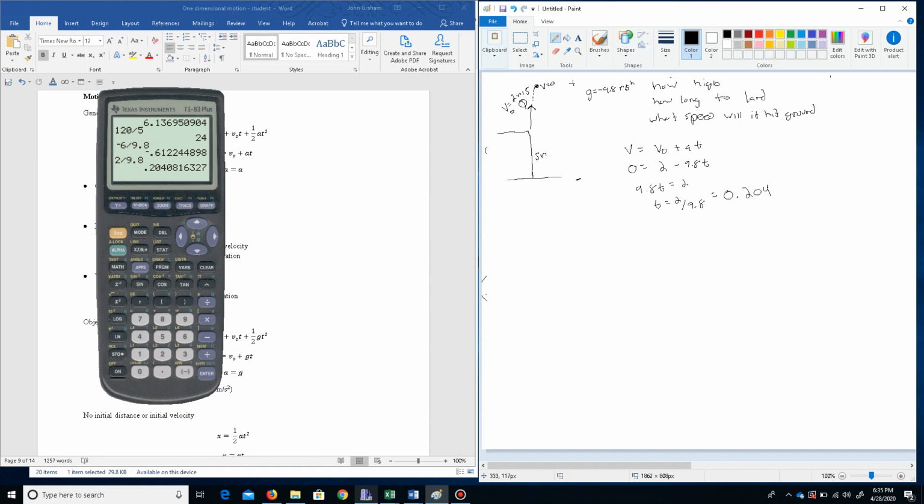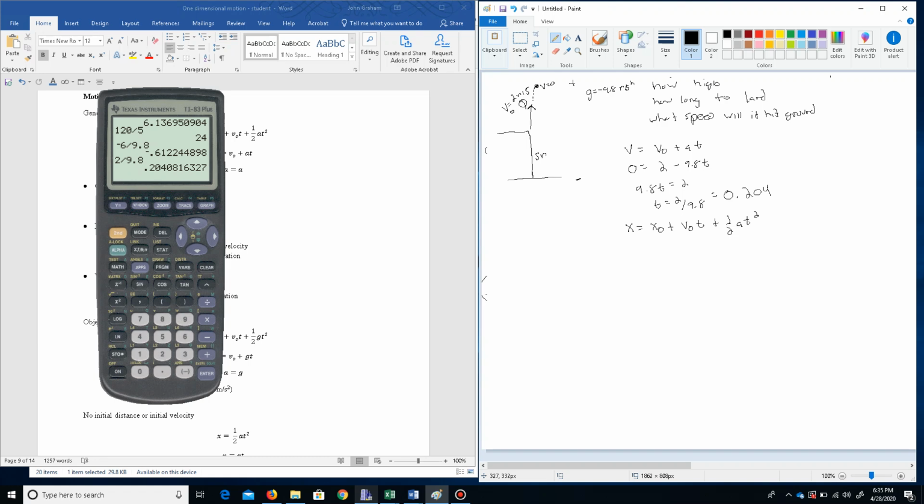Then we want to know how high. Well, let's switch over to our next equation: x equals x sub 0 plus v sub 0 t plus 1/2 at squared. Now, I've already mentioned that a is going to be negative 9.8, so I can write it this way.